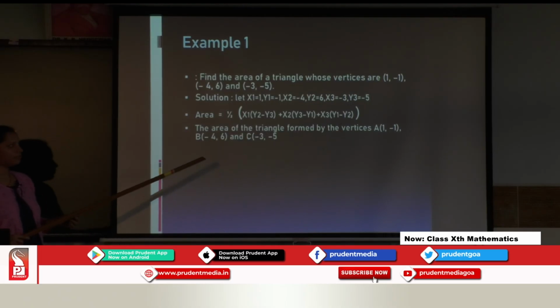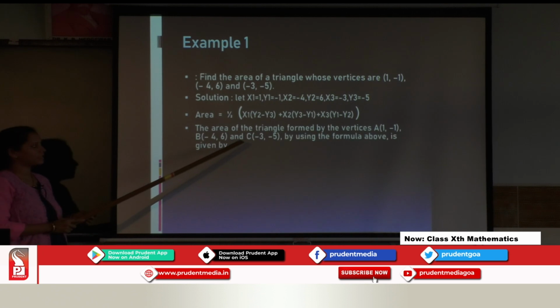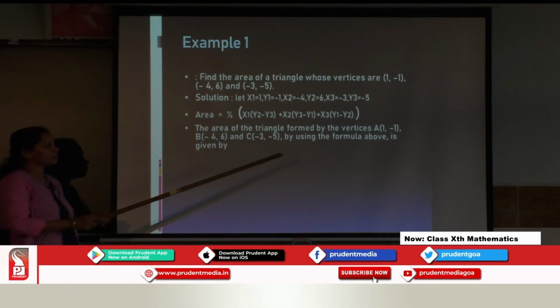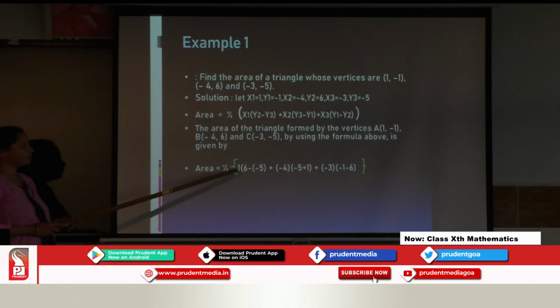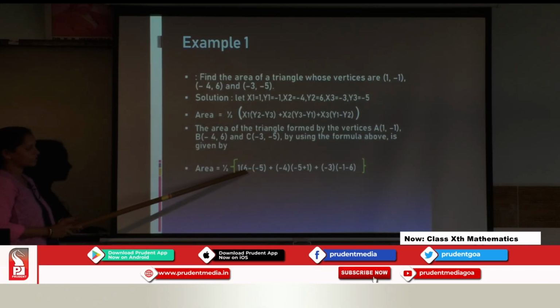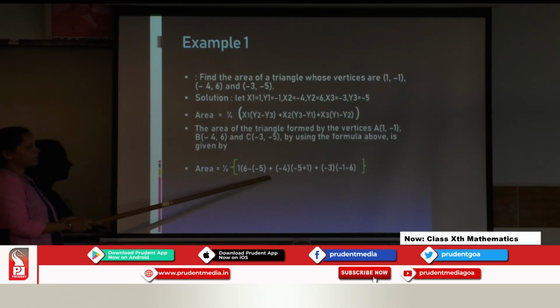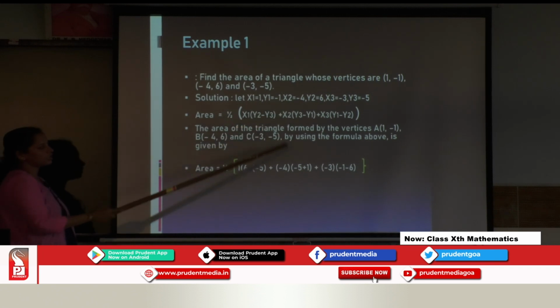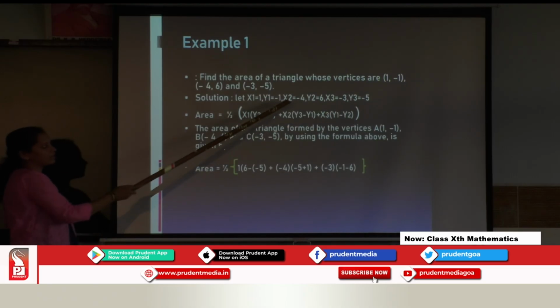So the area of the triangle formed by the vertices A(1, -1), B(-4, 6) and C(-3, -5) by using the formula above is given by half into 1, x1 is equal to 1, then y2 is equal to 6, 6 minus y3, y3 is equal to -5, plus x2, x2 is here -4, into (y3 minus y1), y3 is -5, y1 is -1.